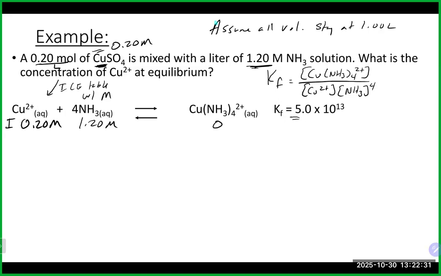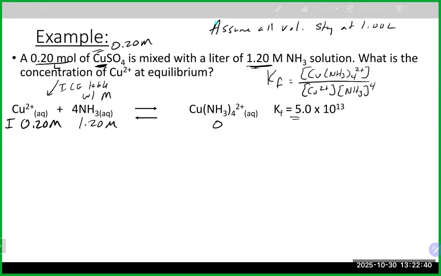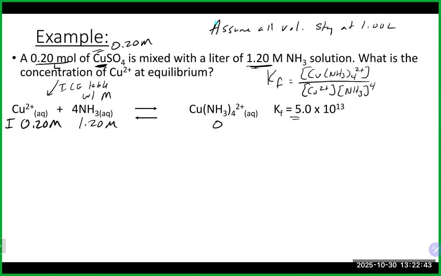Now, normally when we do a table like this with molarity, we typically use X's, correct? So typically speaking, if we went through and did this like a normal ice table, we would go minus X, minus 4X, and plus X. Now, one of the things that we do a little bit different when we do these type of problems is, based off of the KF value here, is that a large or small value?